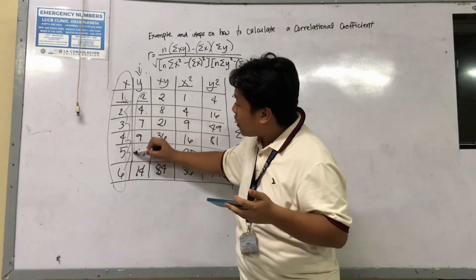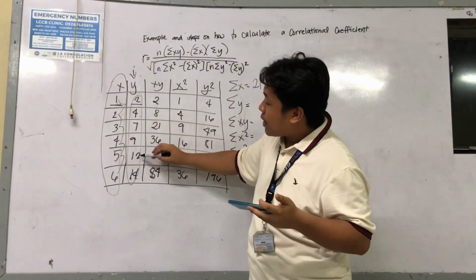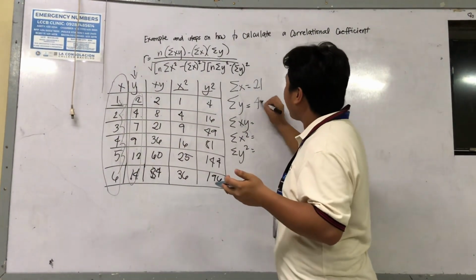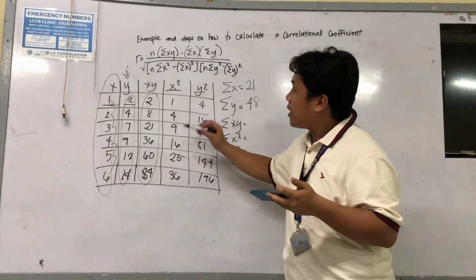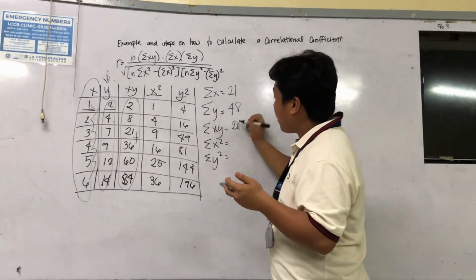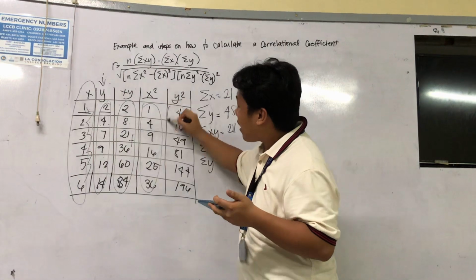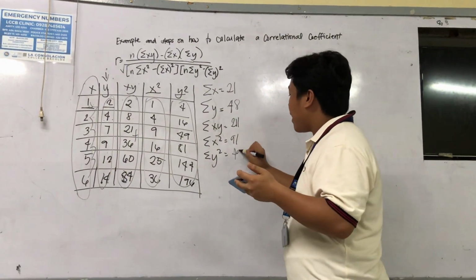The next one, just follow the process. 2 plus 4 plus 7 plus 9 plus 12 plus 14 is equal to 48. Follow the same pattern, you just need to add all of them, which gives 211. Follow again and again, and we have 91 and 490.